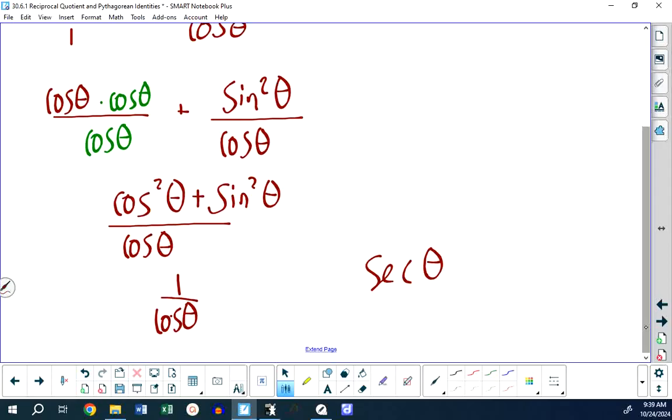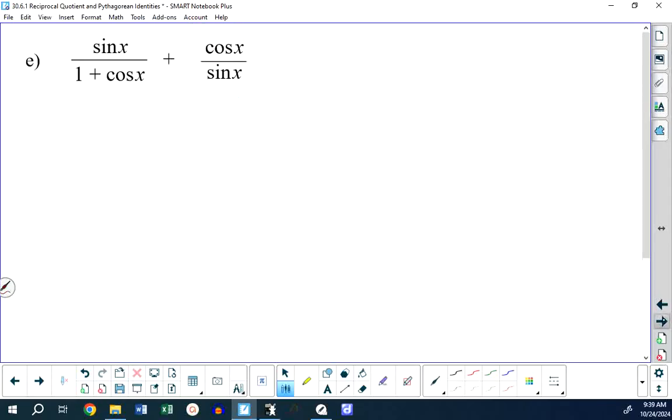Let's try another one. Well, there's nothing you can do here other than put these together with a common denominator. Right? Everything's already written in terms of sine and cosine. I don't recognize anything in there. It's not like I'm looking and seeing cos squared of theta plus sine squared of theta. I don't see that.